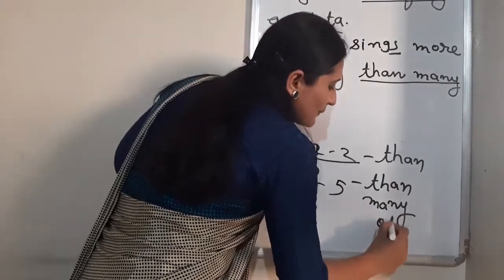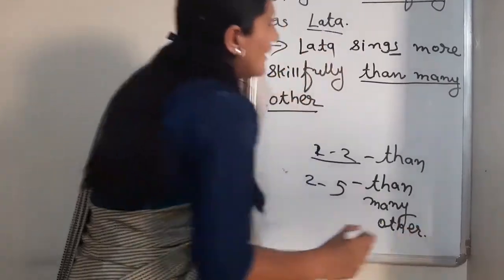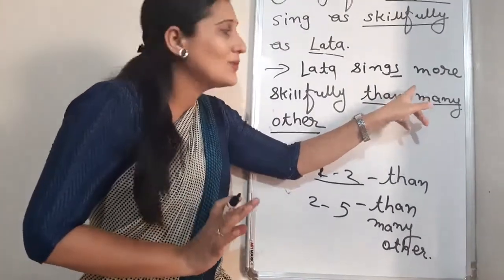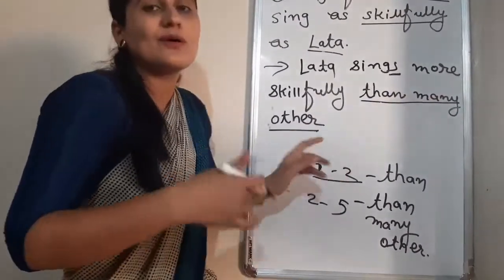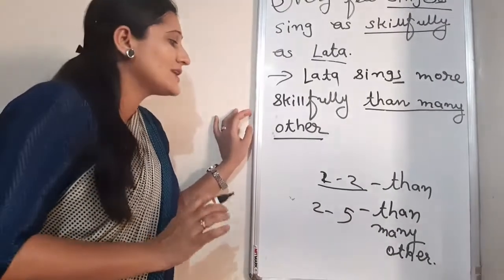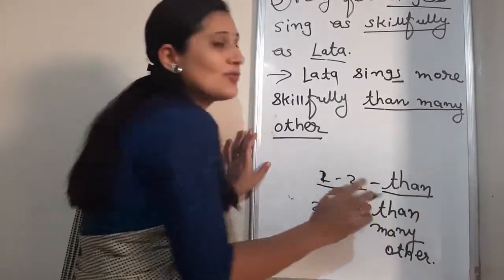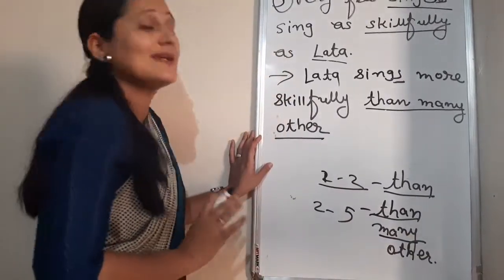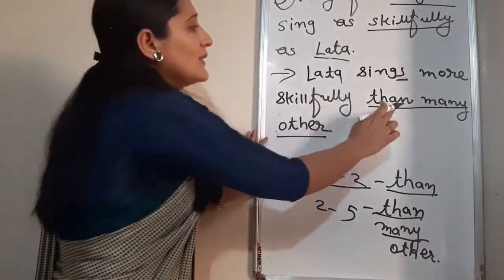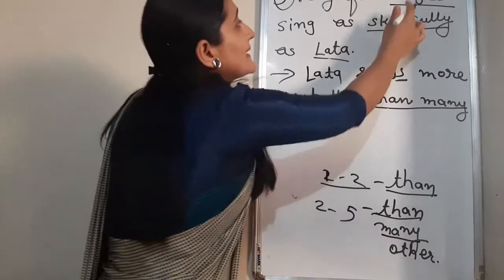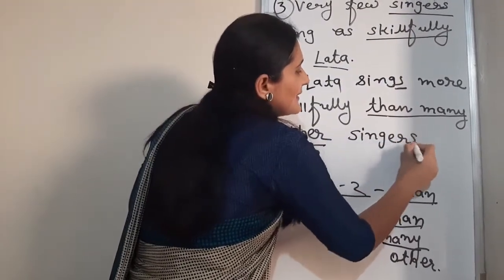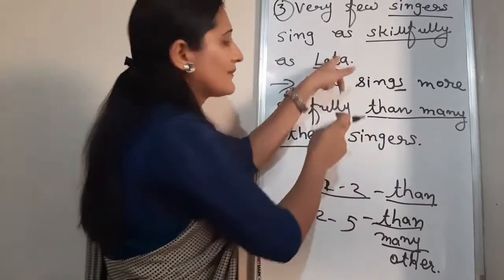You need to keep in mind. Other rules are same. That is er plus adjective for small adjective and more plus adjective for difficult and long adjective. But then for two comparison and more than two, then you need to write then many other. So here then many other singers, because the subject will be exchanged, right?